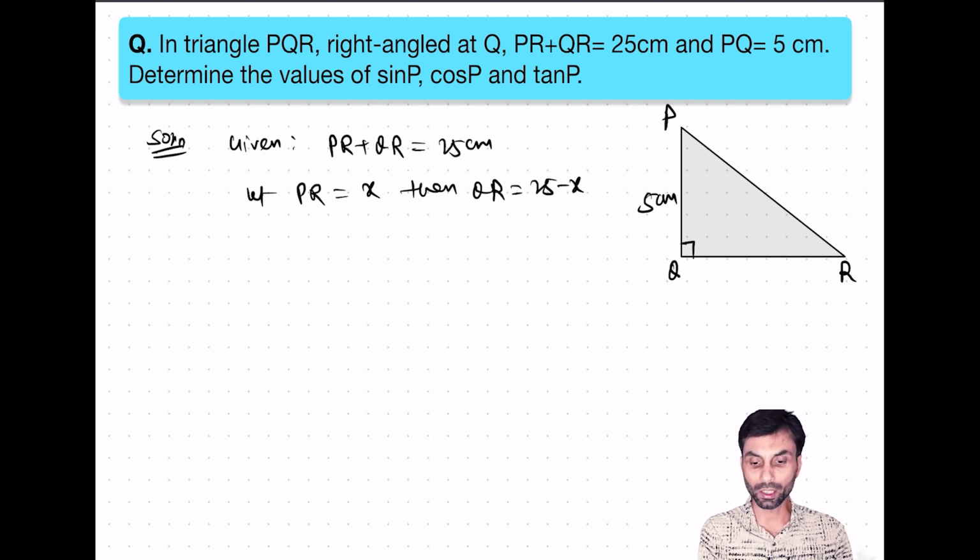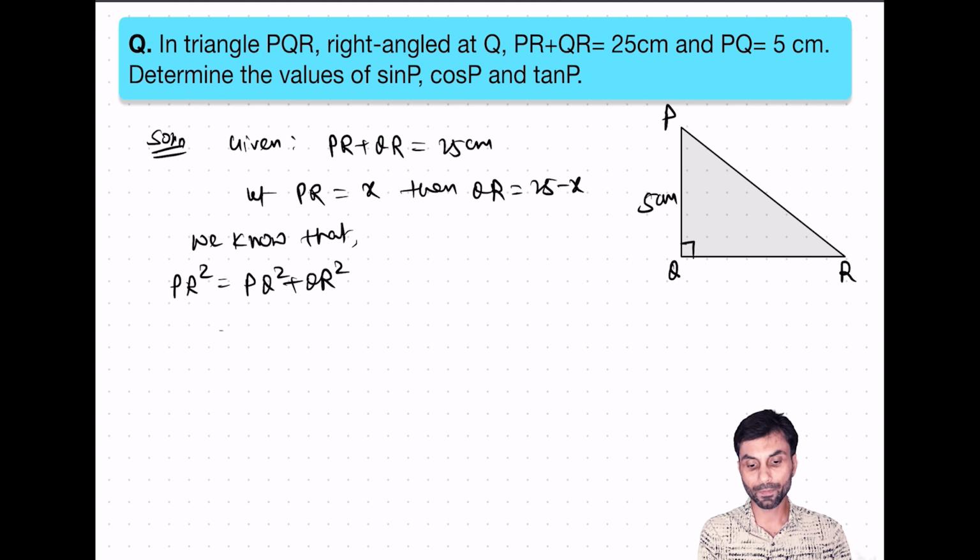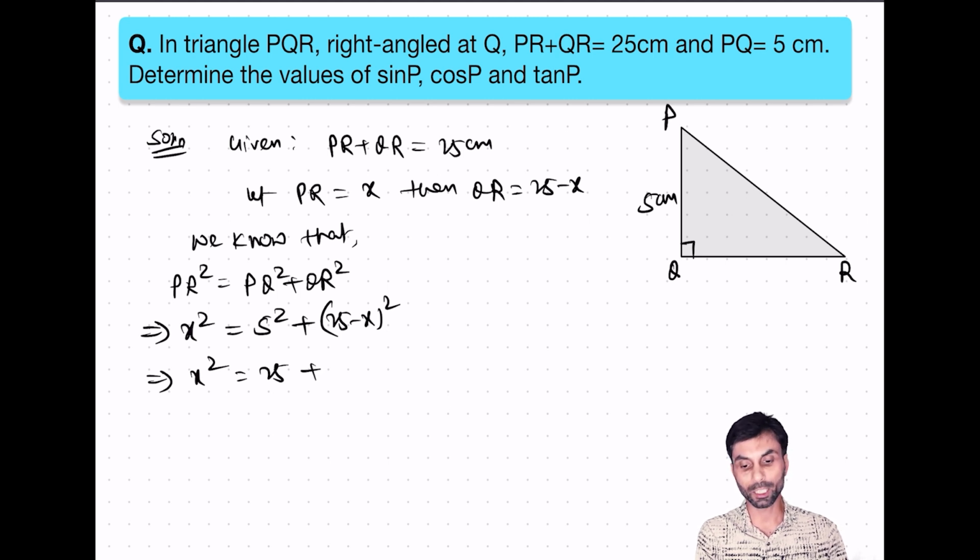Now we'll use Pythagoras theorem again. So we know that PR square equals PQ square plus QR square, where PR is X, so it will be X square plus PQ is given as 5, and QR will be 25 minus X. When we solve it, we'll get X square equals 25 plus, expanded using A minus B whole square, we'll get 25 square plus X square minus 2AB, which will give 50X.